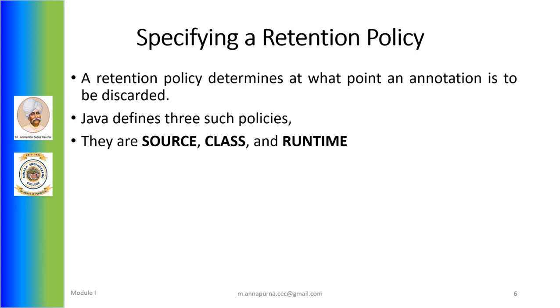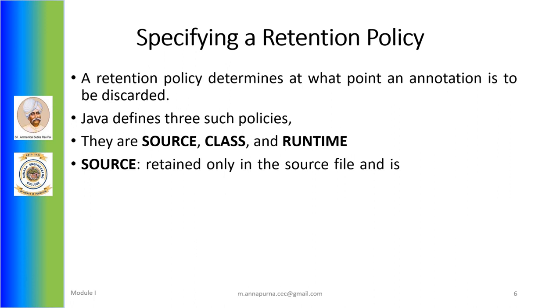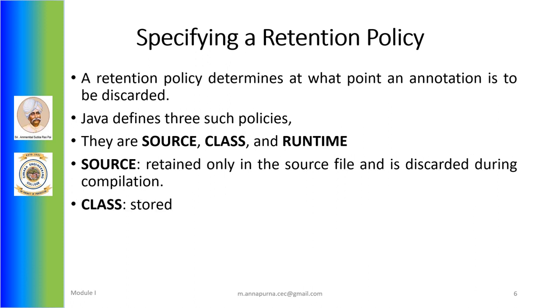First retention policy is SOURCE. An annotation with the retention policy of SOURCE is retained only in the source file and is discarded during compilation. Second retention policy is CLASS. An annotation with the retention policy of CLASS is stored in a .class file during compilation.